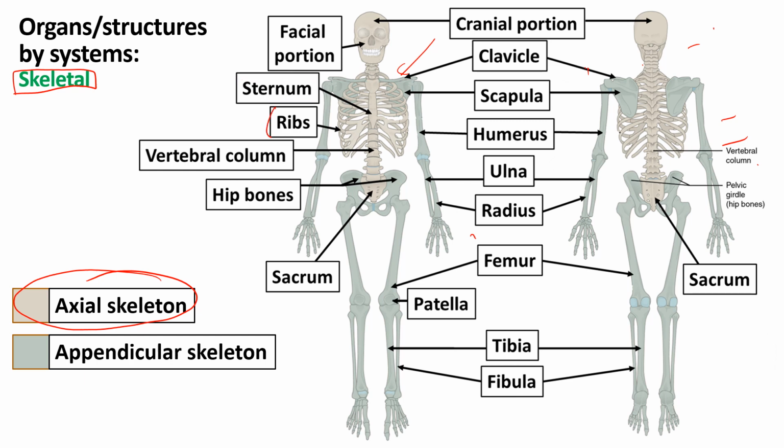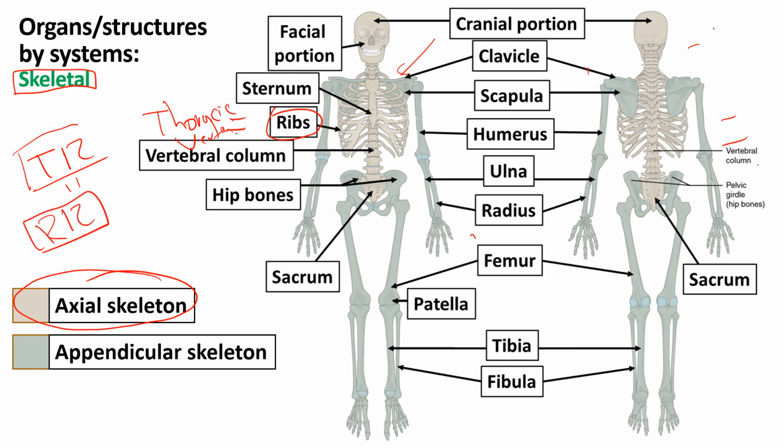Now, how many ribs do we have? So the amount of ribs equals the amount of thoracic vertebrae. I just told you that we have 12 thoracics. Well, we also have 12 ribs.